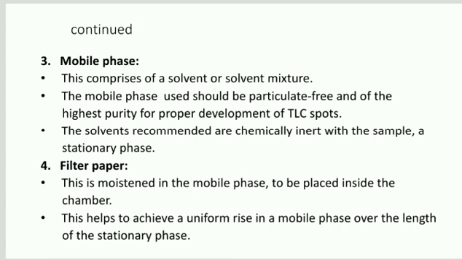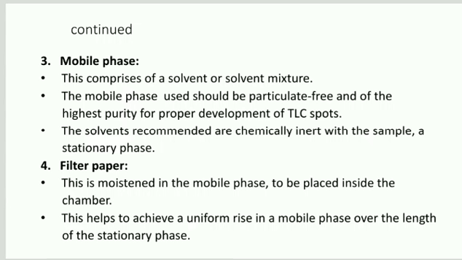Third one, that is mobile phase. This comprises a solvent or solvent mixture. The mobile phase should be particulate free and of the highest purity for proper development of TLC spots.